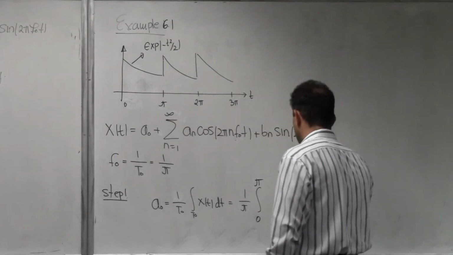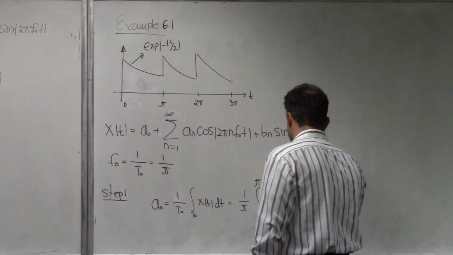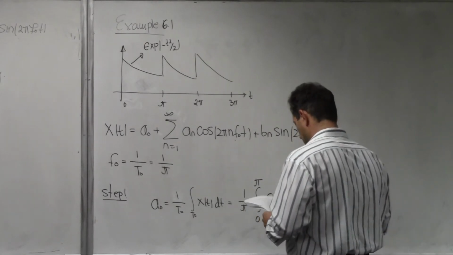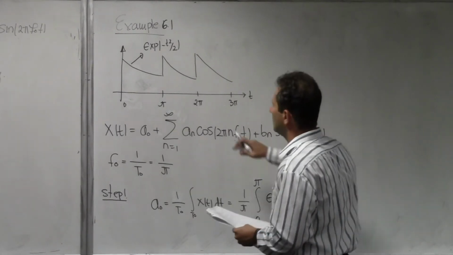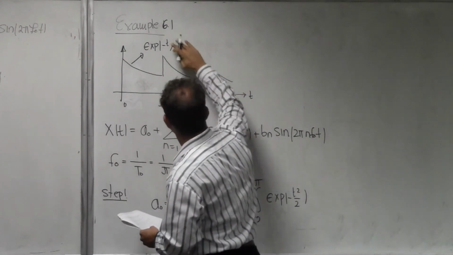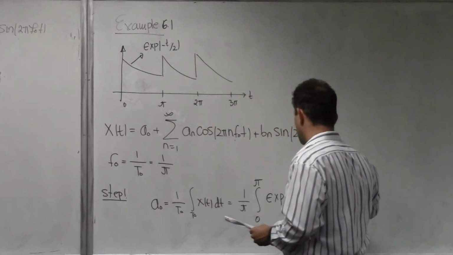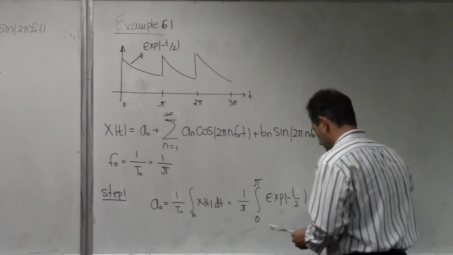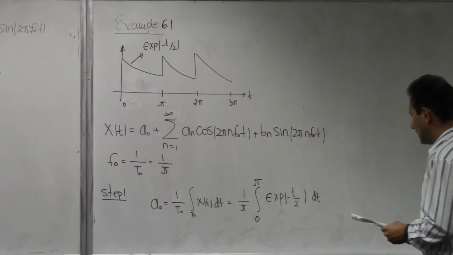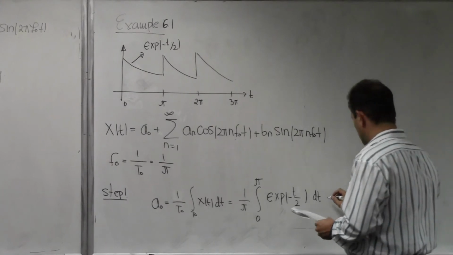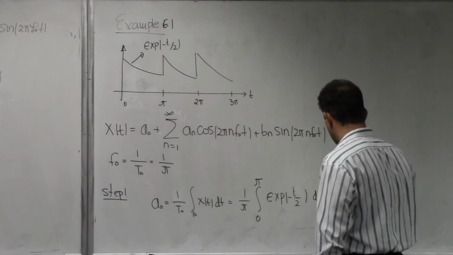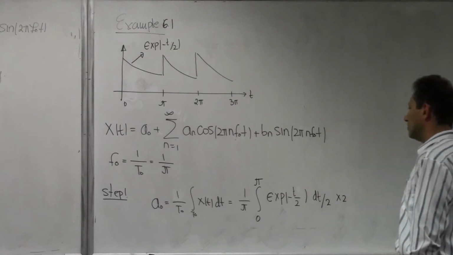And then in that interval, the function is e to the minus t over 2. Sorry, why did I put t squared? Let me just put this as t over 2, dt. And to make this evaluation easier, I'm going to divide by 2 and multiply everything by 2.